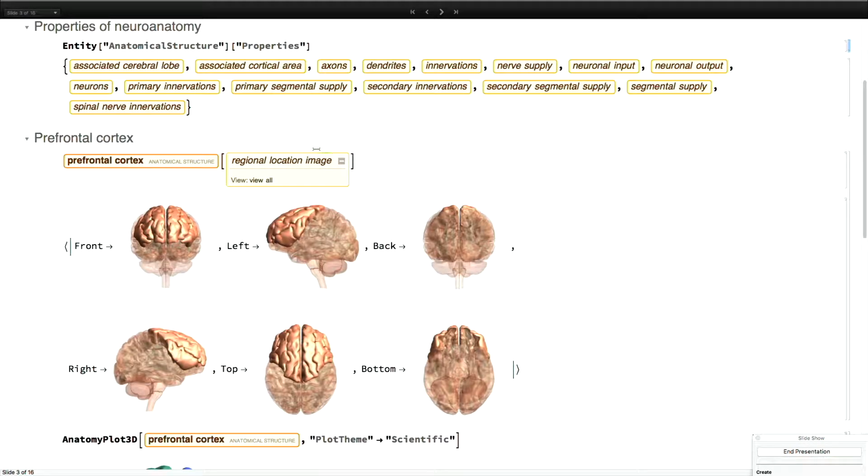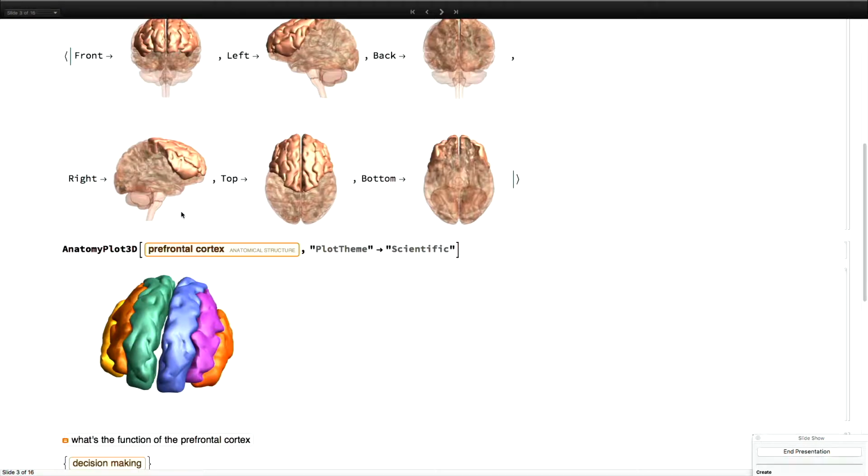For example, by accessing image properties of anatomy data, we can visualize the structure viewed from different perspectives. So this is looking at the large cortical area, the prefrontal cortex. Or we can label and also color each subpart of the structure using the AnatomyPlot3D function.